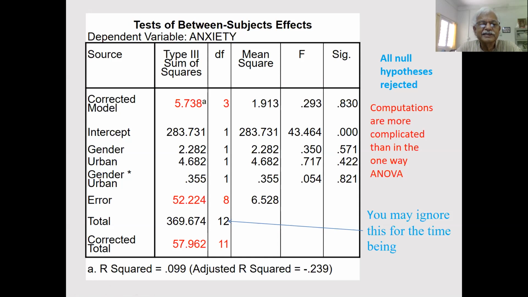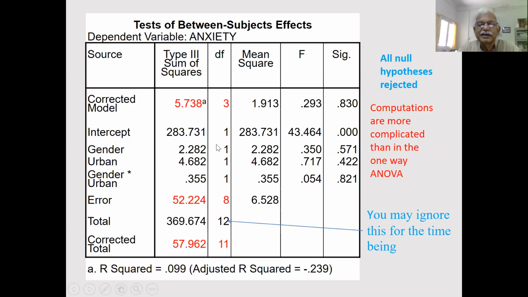So friends, you see, for this table, there is sum of square, like sum of square for intercept, 283.731, degrees of freedom 1, mean square 283.731 divided by 1.